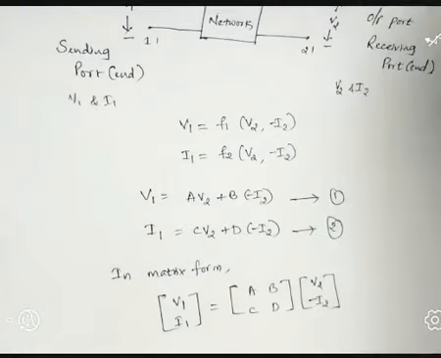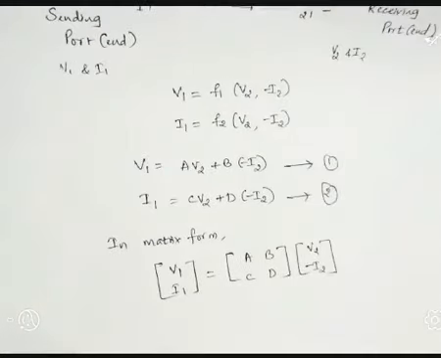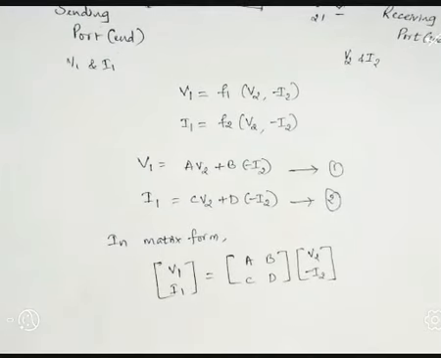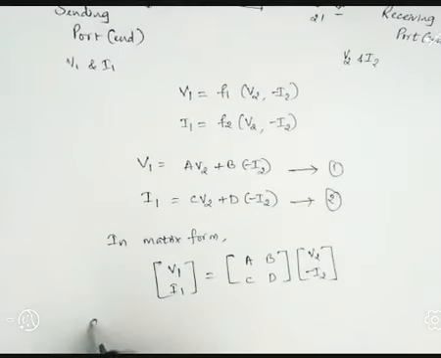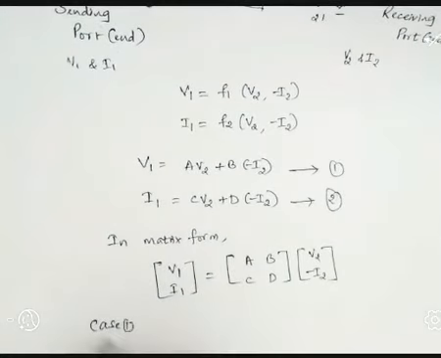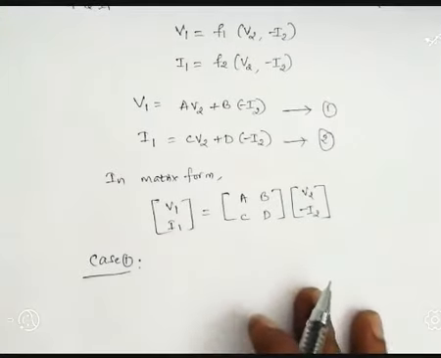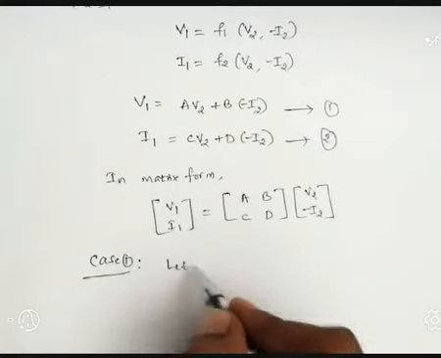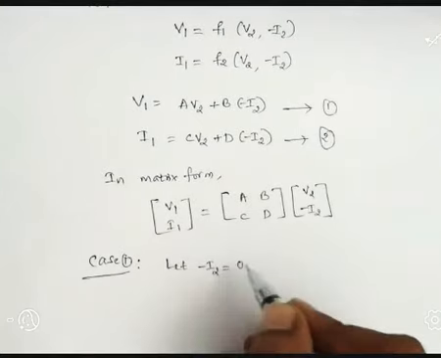Okay. Next task is calculation of all these individual transmission parameters, or we can say ABCD parameters. For that, first case I will take, let minus I2 is equal to 0. So it means what?